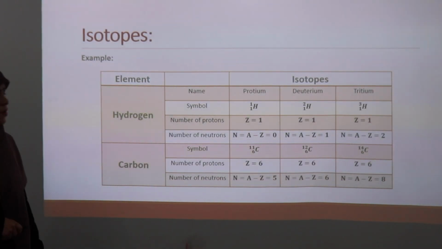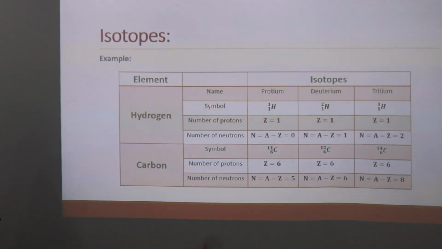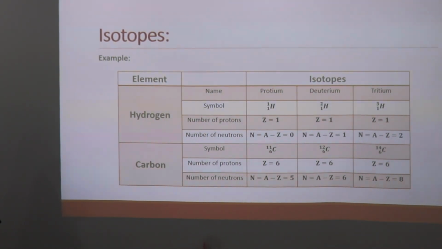Here is an example. Let's take hydrogen. There is protium, deuterium, and tritium. H11 has Z equal to 1, H12 has Z equal to 1, H13 has Z equal to 1, but N here is 0, the number of neutrons is 0. For H12, the number of neutrons is 1.